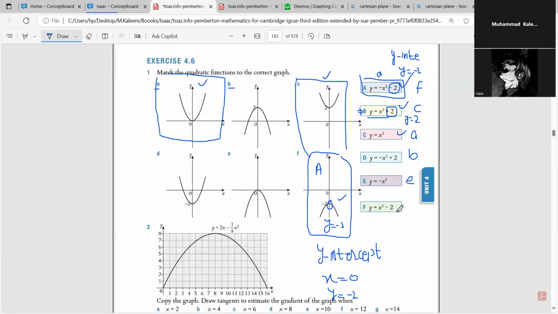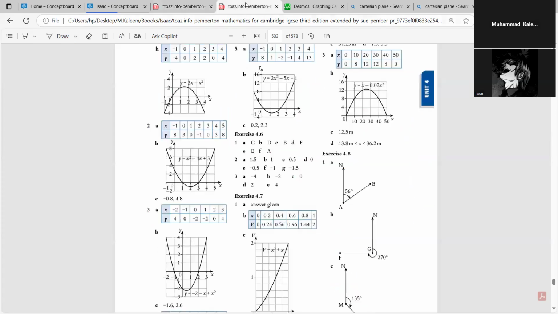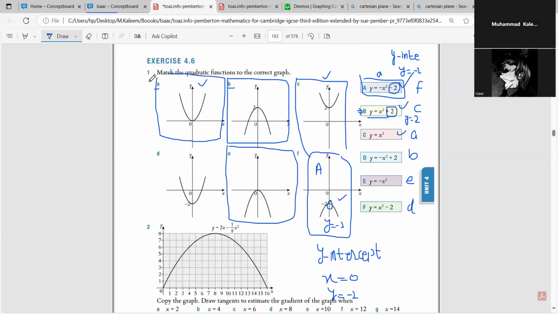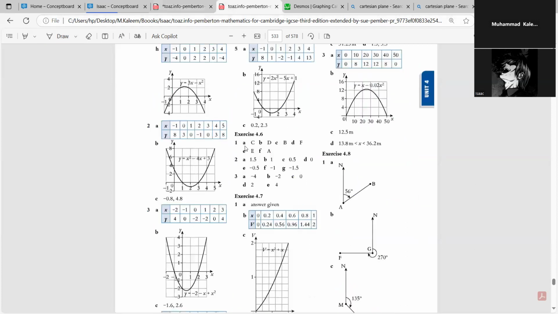And the last difficult question is left over now. It's very easy. We are already done with all five, so only one graph and one equation are left. So it's very clear, it will be D, right? And here we can verify the answer for question number 1.